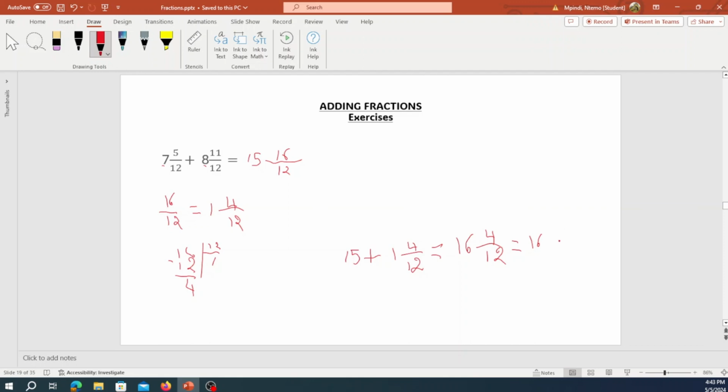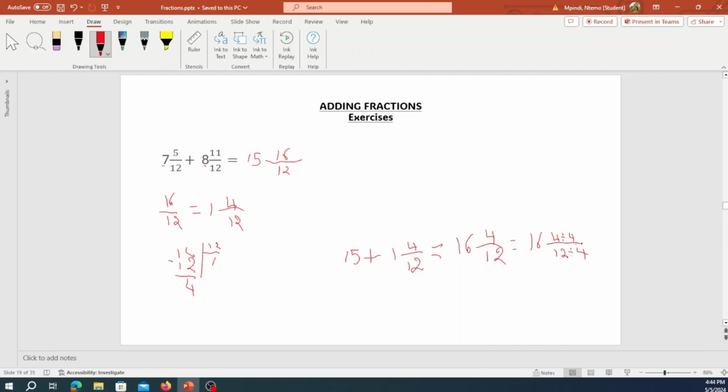Now, in case you guys don't get it, I'm going to help you here. We're going to find a number that can divide. So we rewrite 16 here, and now we write 4 divided by 4 and 12 divided by 4.